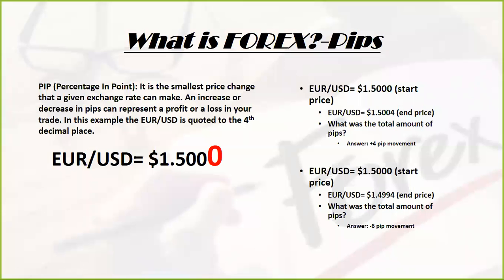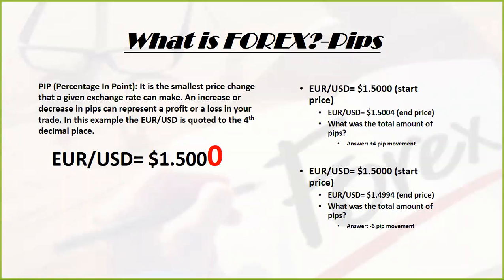Now in Forex, we have what you call pips, which stands for percentage in point. Percentage in point is the smallest price change that a given exchange rate can make. An increase or decrease in pips can represent a profit or a loss in your trade.